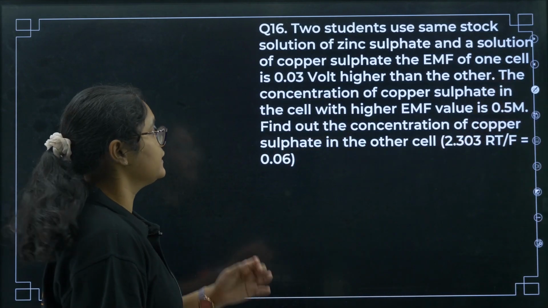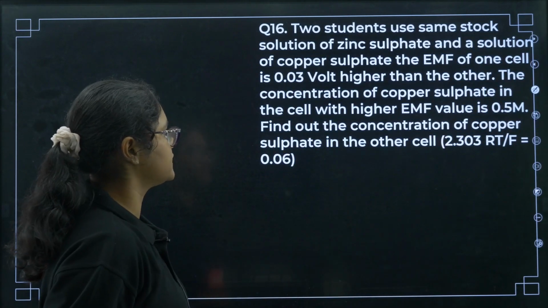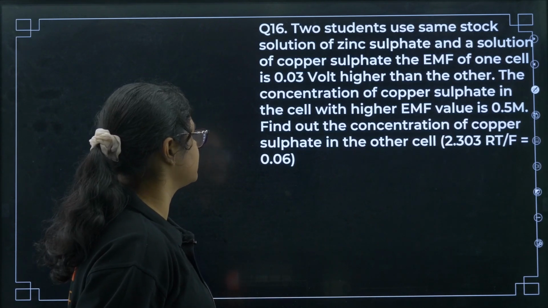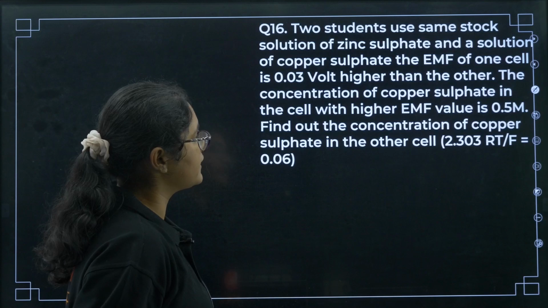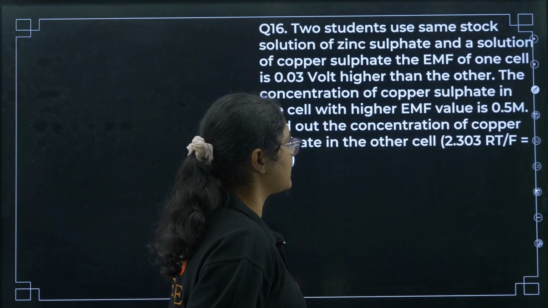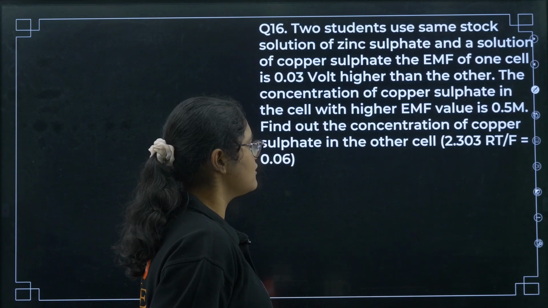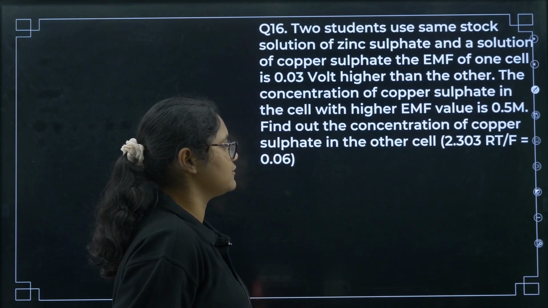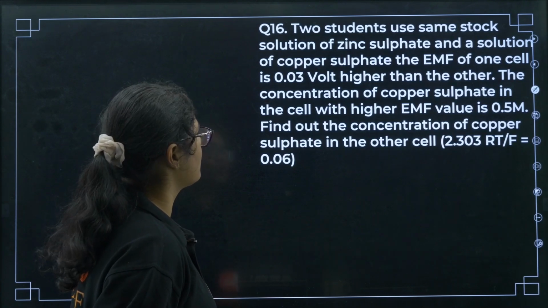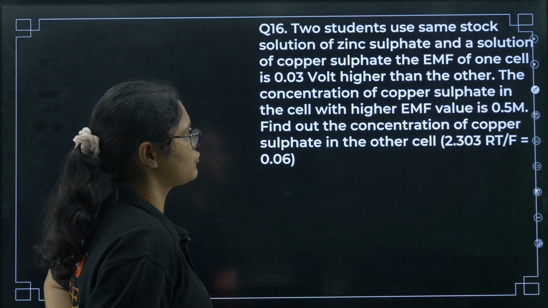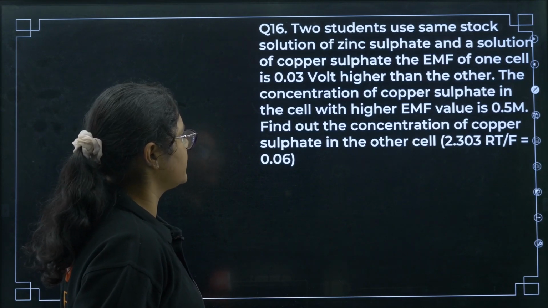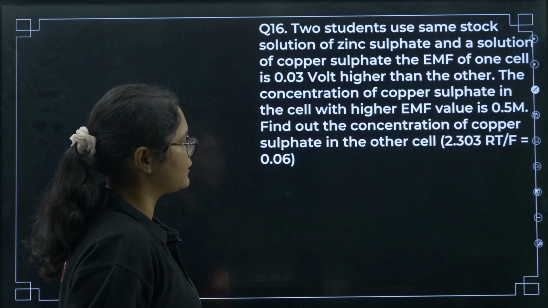Next, question number 16. Two students use the same stock solution of zinc sulfate and a solution of copper sulfate. The EMF of one cell is 0.03 volt higher than that of the other.